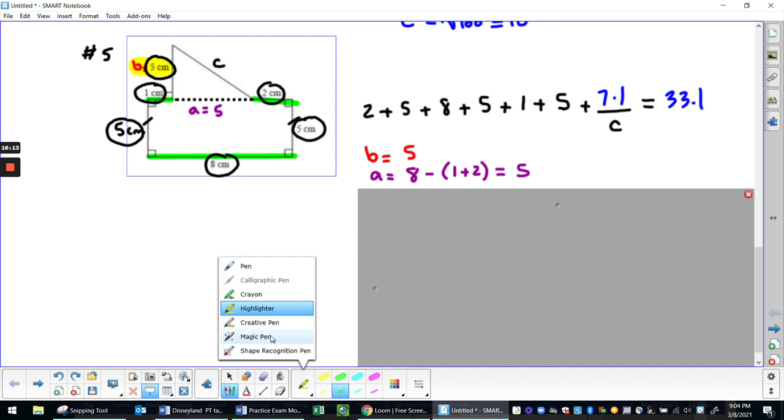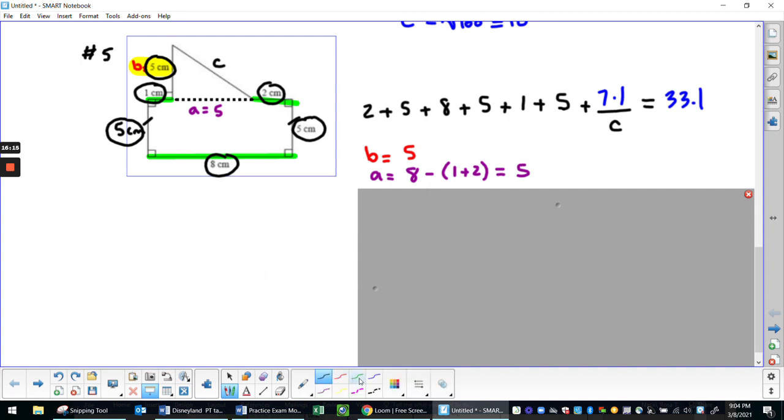That's what we have here, right? And we're going to subtract it from 8, which is this base. And so we get 5. So 3, right? 8 minus 3 is 5. So that's how we get this 5 for the other leg. So both legs come out to be 5, which is fine.